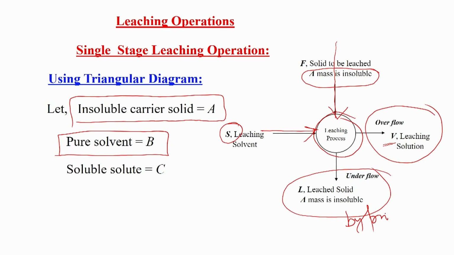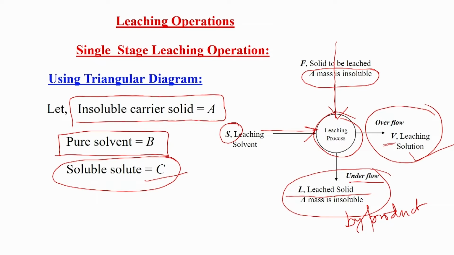That underflow is the leached solid or exhausted solid. But we need to remember that the target component C, the soluble solute, will be divided into two parts. The major part will go to the overflow, and the minor part will be carried by the inert insoluble solid.